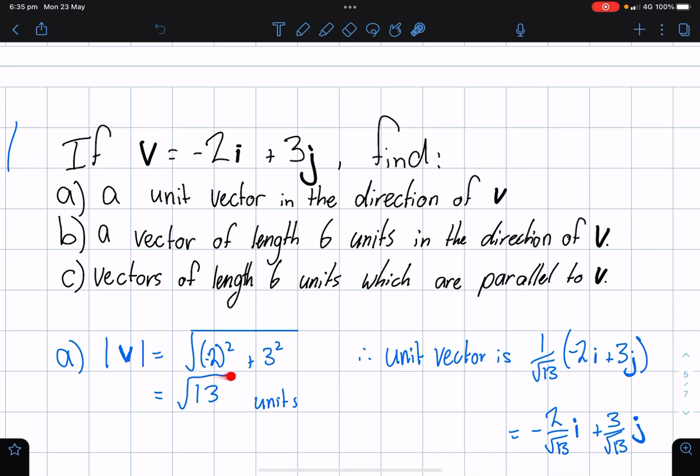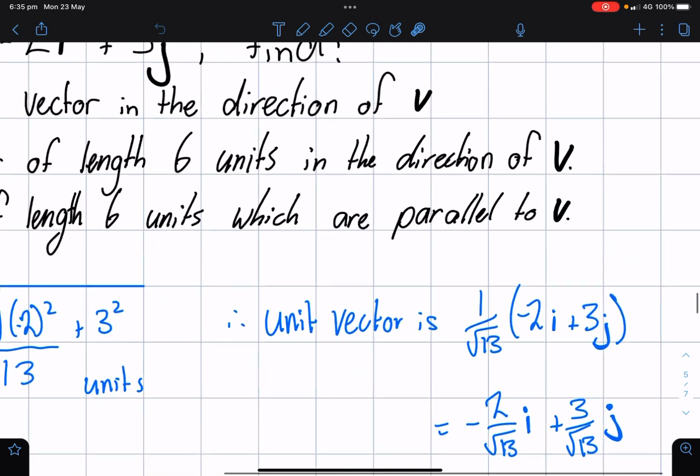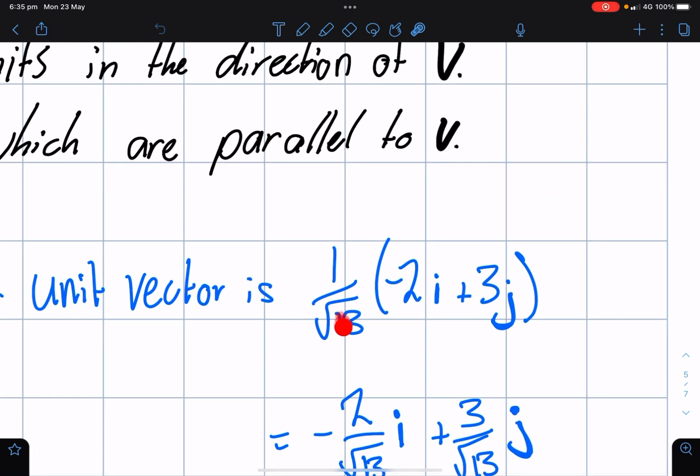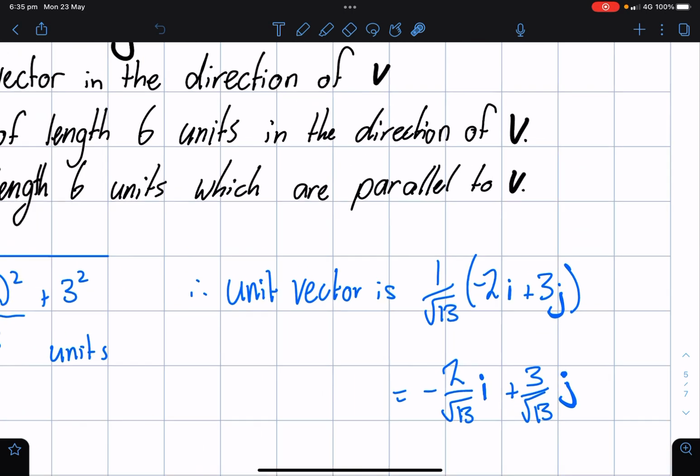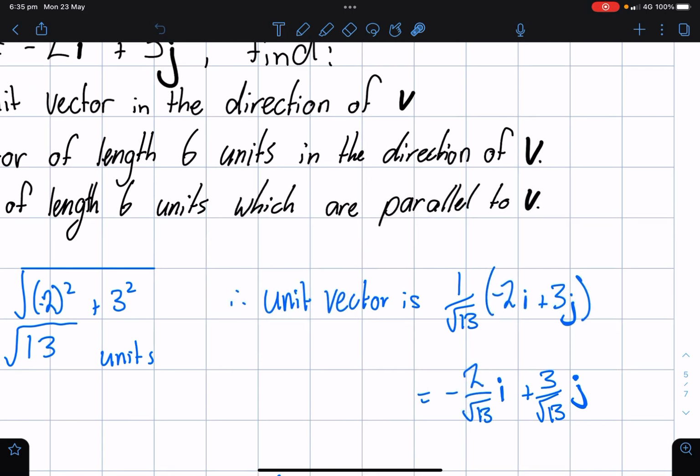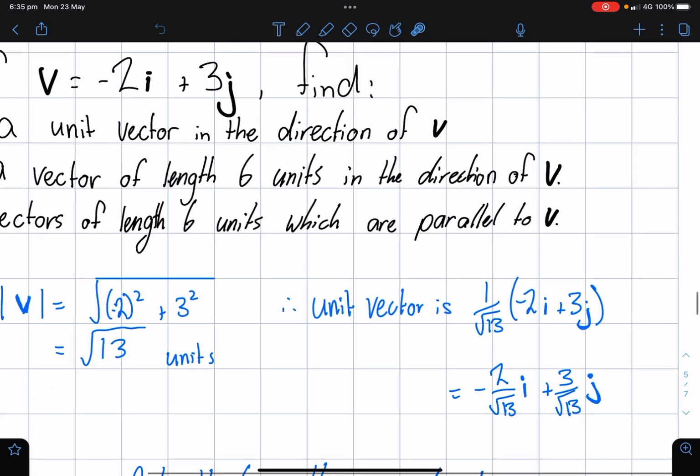So we've got the square root of 13 units. Therefore, the unit vector is 1 over this modulus, so 1 over root 13, multiplied by the original vector v. Then we expand that out: minus 2 over root 13 i plus 3 over root 13 j. And that is our unit vector in the direction of vector v.